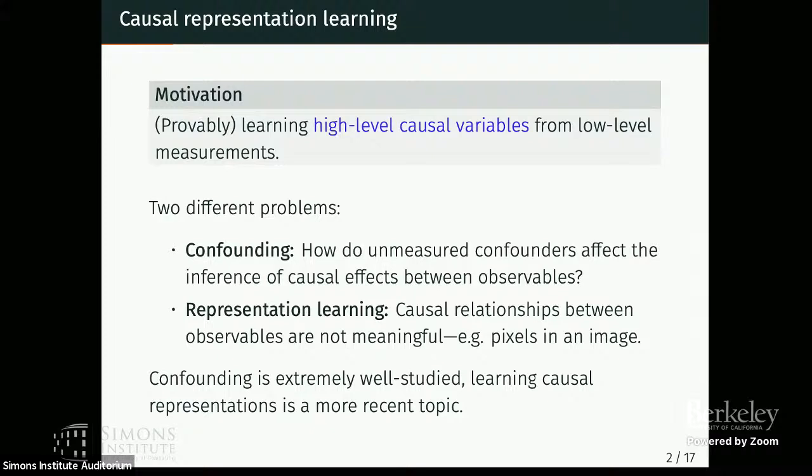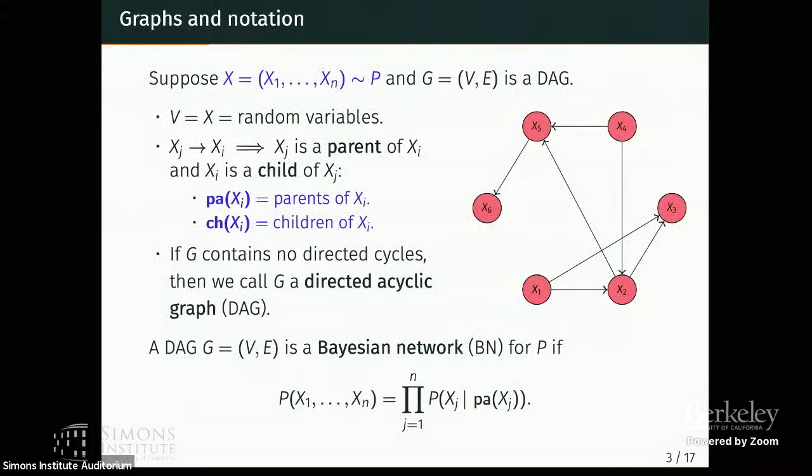In the setup that I'm going to be talking about here with representation learning, causal relationships between the observables are not particularly meaningful. And this is the setting we're going to be talking about. I just want to make that distinction clear upfront: there are extensions of this that could be applied to confounding, which would be very interesting, but I'm going to focus on this setting of representation learning.